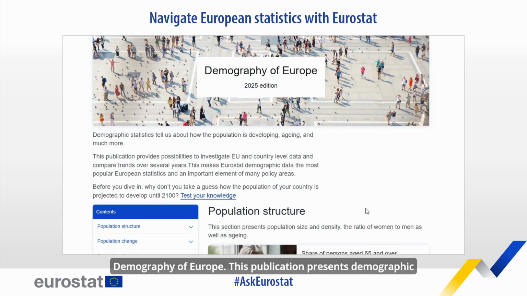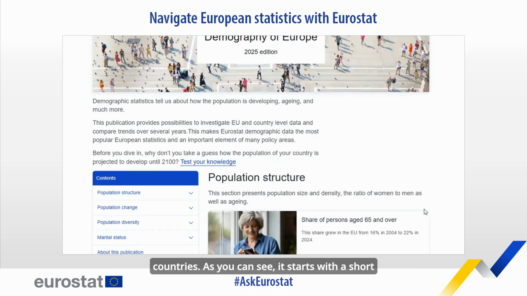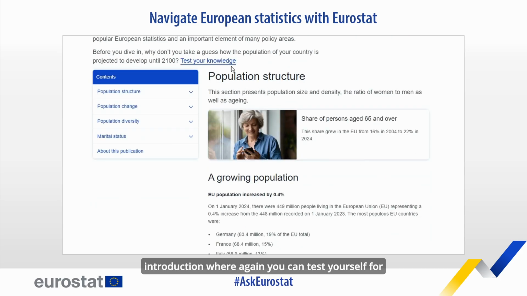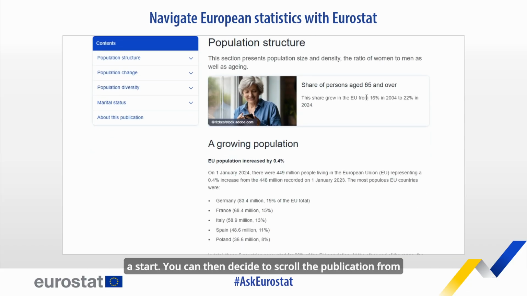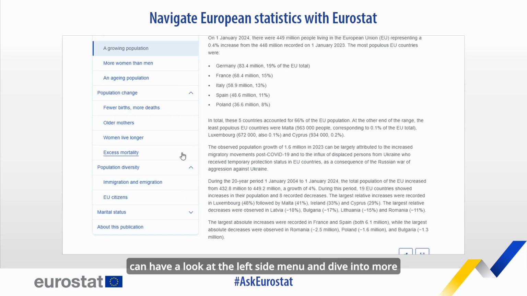This publication presents demographic changes and trends across the European countries. As you can see, it starts with a short introduction where again you can test yourself for a start. You can then decide to scroll the publication from the top to the bottom, or you can have a look at the left side menu and dive into more specific indicators and pick those which you are interested in.